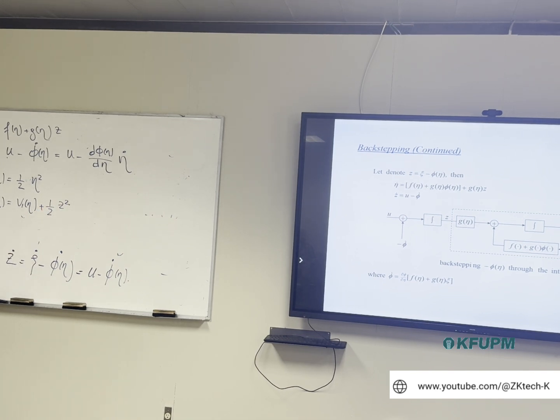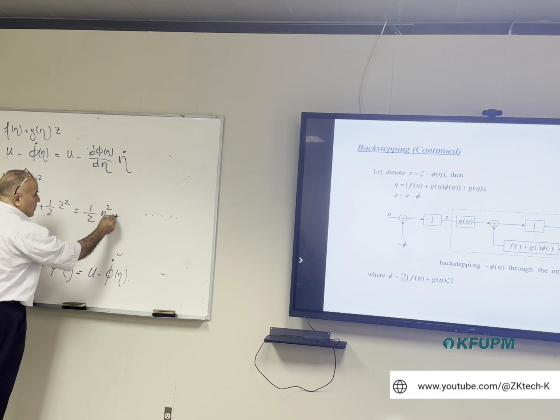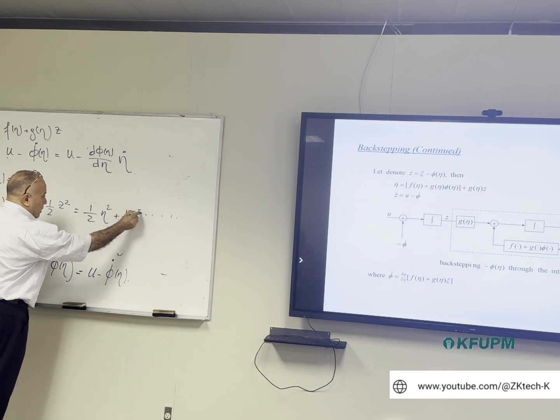So you have a Lyapunov function for the first equation. You do Lyapunov in the first equation to find what should be the solution that will make the first equation stable. Then when you go to the second equation, you define a new Lyapunov function that will be equal to the previous Lyapunov function plus half of the new variable that we are putting here. Which is exactly half of eta squared plus half of z squared. This is the equivalence.